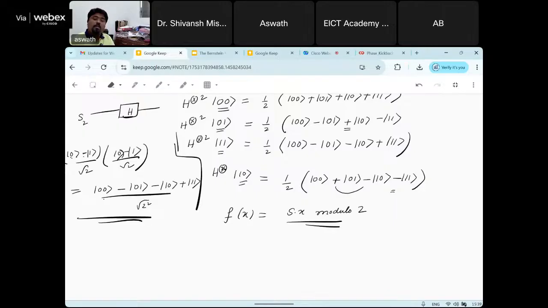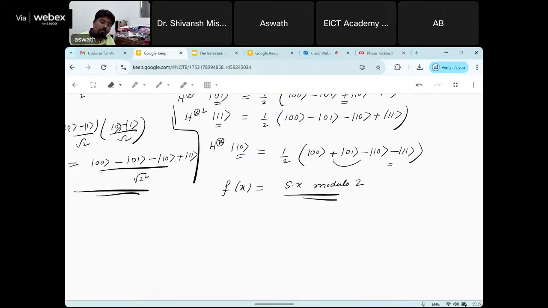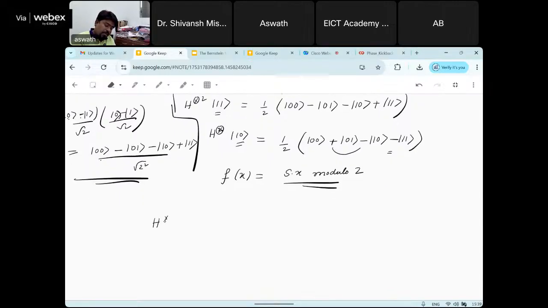By the way, as we all know, H acting on the state s is equal to 1 over square root of 2 squared, summation over z belonging to {0,1} tensor square, minus 1 to the power of z times s, z ket.